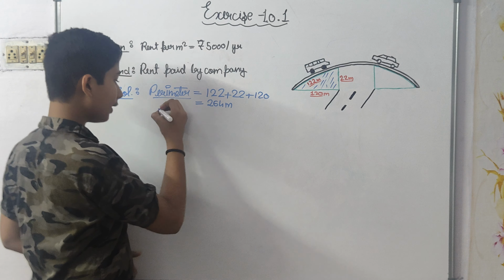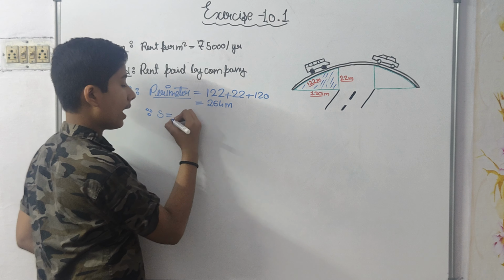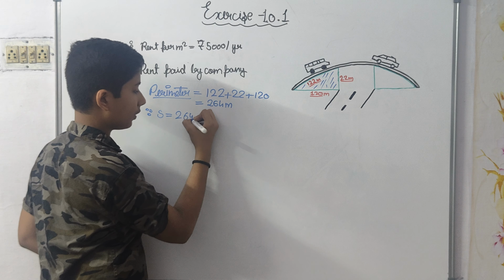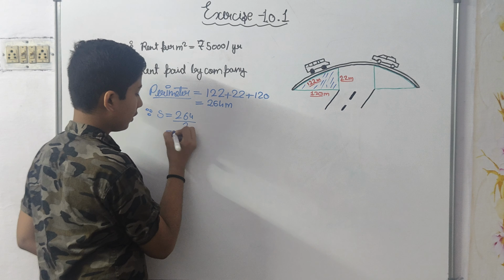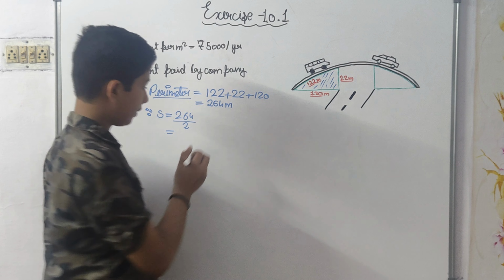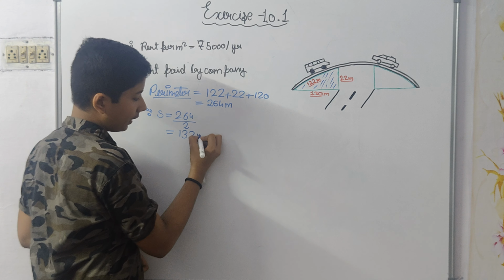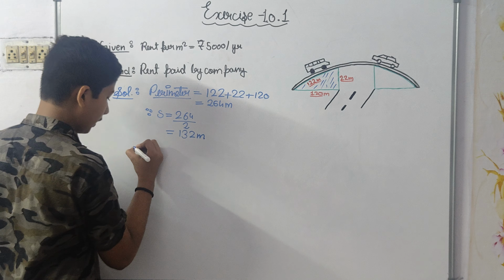Now semi-perimeter, therefore S equals 264 divided by 2. Semi-perimeter is half of the original perimeter, so half will be 132 meters.